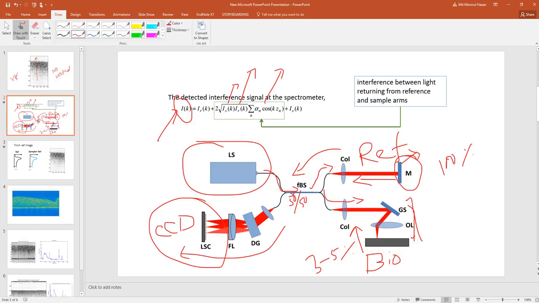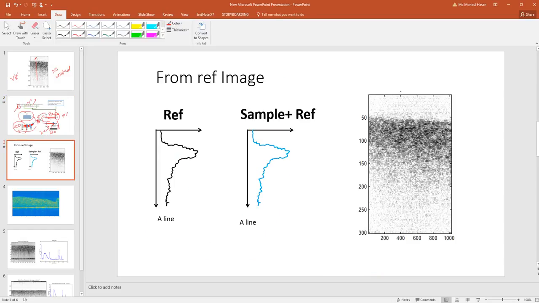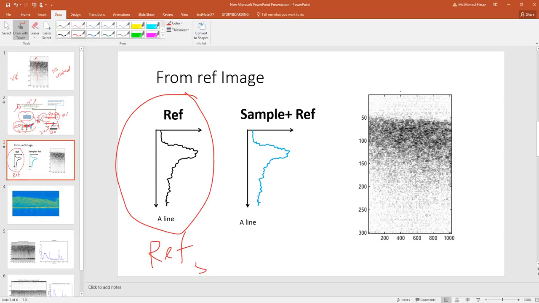Then we generate the depth profile. Say we took the data only from the reference arm by blocking the sample arm. So this depth profile is from the reference arm when we block the sample arm. We found one depth profile.